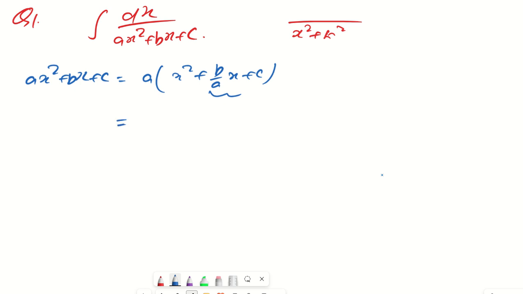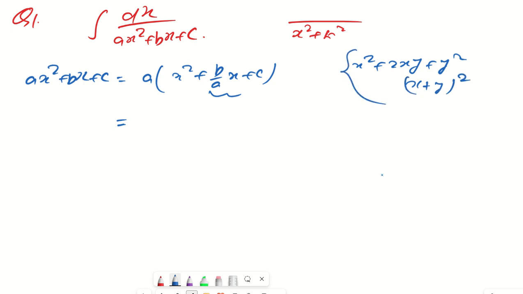We can do that by, let us say, x square plus 2 times something times x plus some constant, right? Like x square plus 2xy plus y square will become (x plus y) whole square. So like this we'll try to convert.